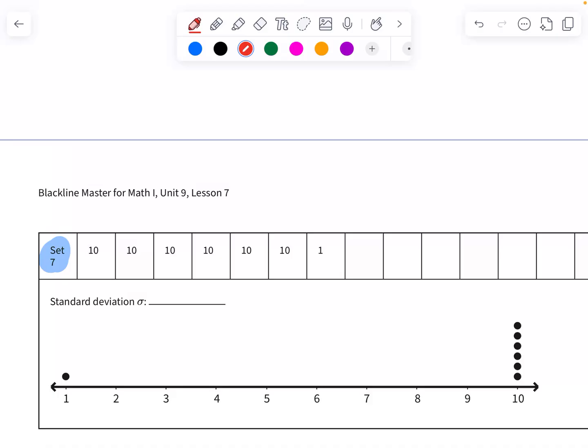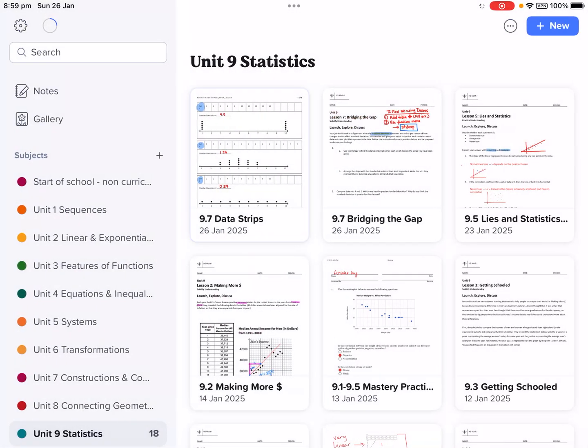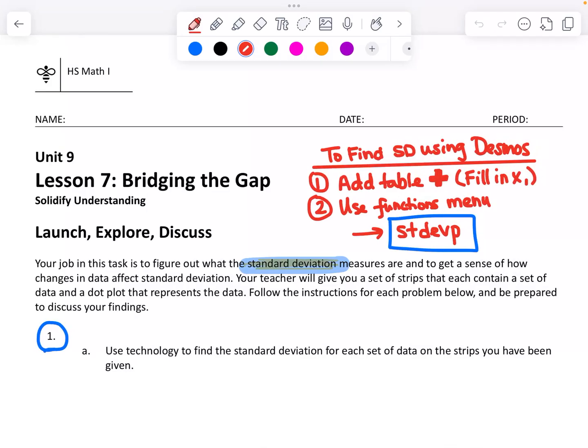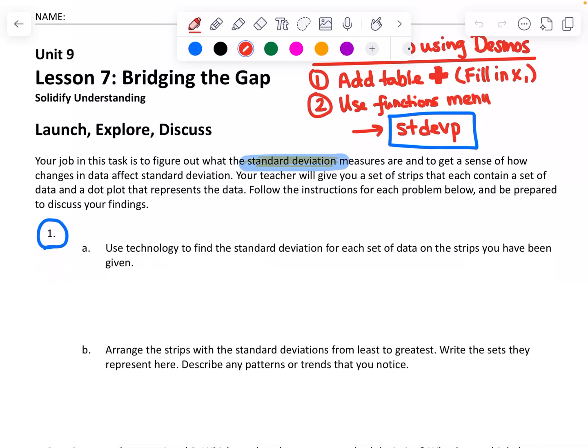Okay, looks good. So now we're going to go ahead and record that in our notes. So back to our notes over here. And I'm going to use some notation, a Greek symbol for the standard deviation. It's just the Greek symbol that is always used for the standard deviation. Okay, so we use sigma for standard deviation.